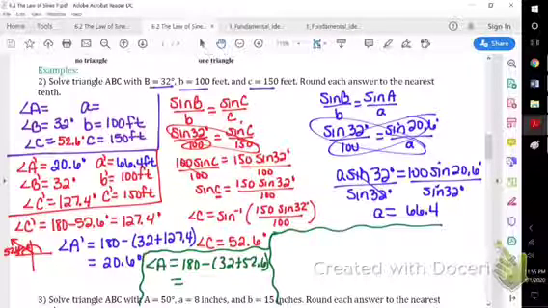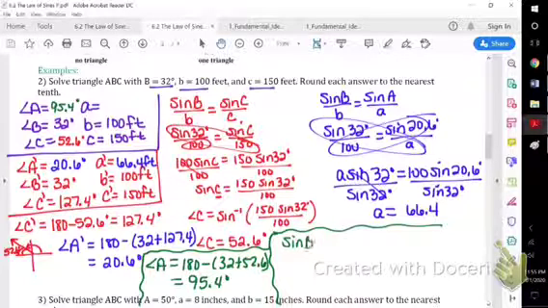And so that's going to give us 95.4 degrees. And then for side A, we're going to have to do the same thing we did for side A prime, okay? So we're going to use sine of B over side B equals sine of angle A over side A.